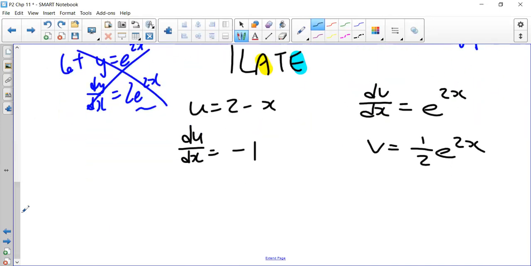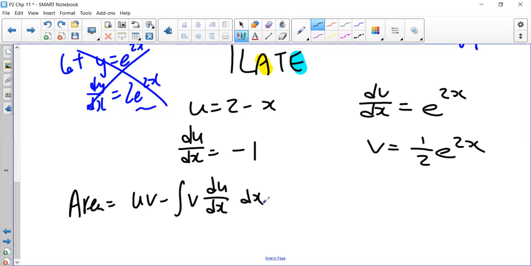Then we use the by parts formula, so the area equals, if I remember correctly, uv minus the integral of v du by dx. Again, this is given in the formula booklet.